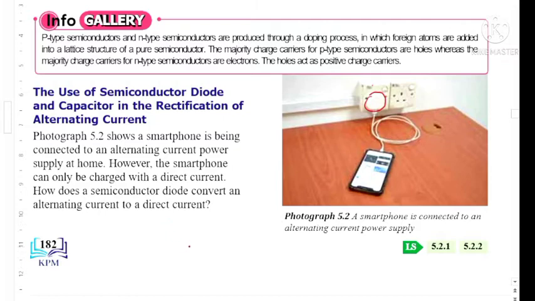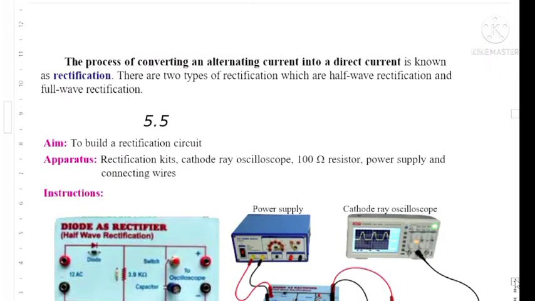So this one by using rectification process. So now let's discuss the process. Okay, so this is the process. Process of converting an alternating current to direct current, we call it rectification. There are two types of rectification, half-wave rectification and full-wave rectification.